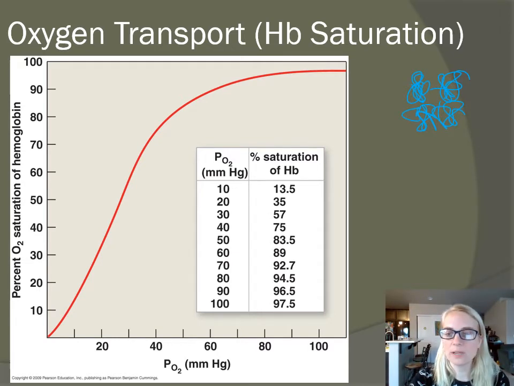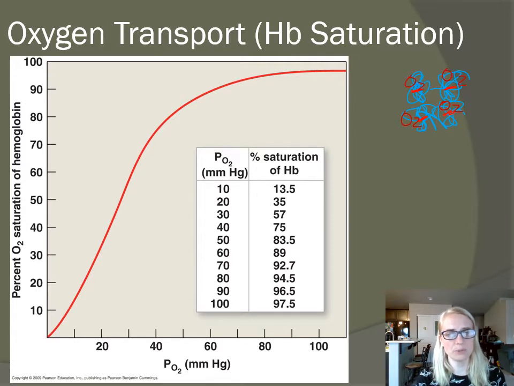But in the middle, we had the hemes. We had two alpha units and two beta units, and each one of those hemes was able to hook onto O2 gas. So each hemoglobin can hold 4 molecules of oxygen. That's what we're talking about with saturation.